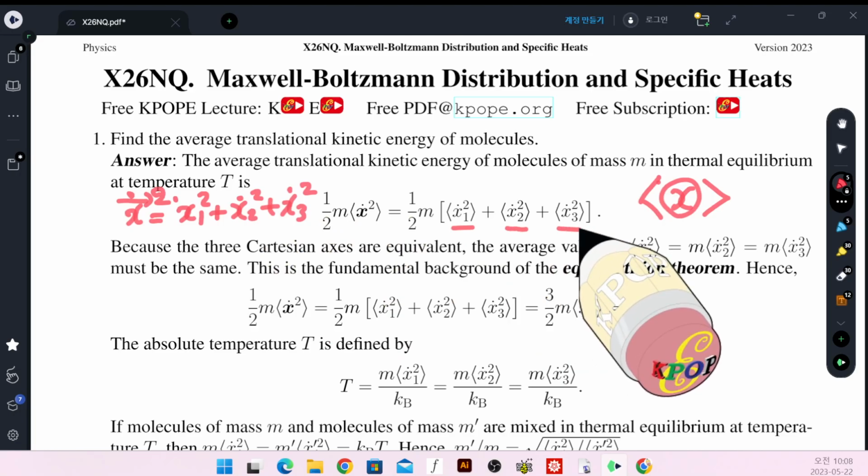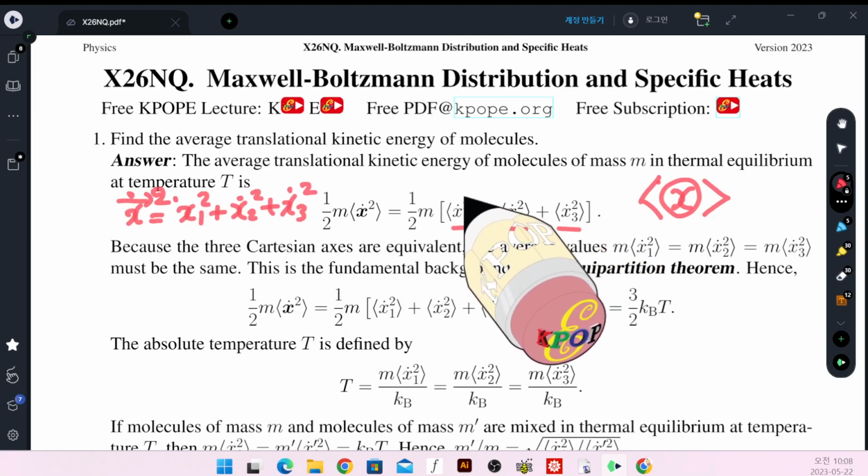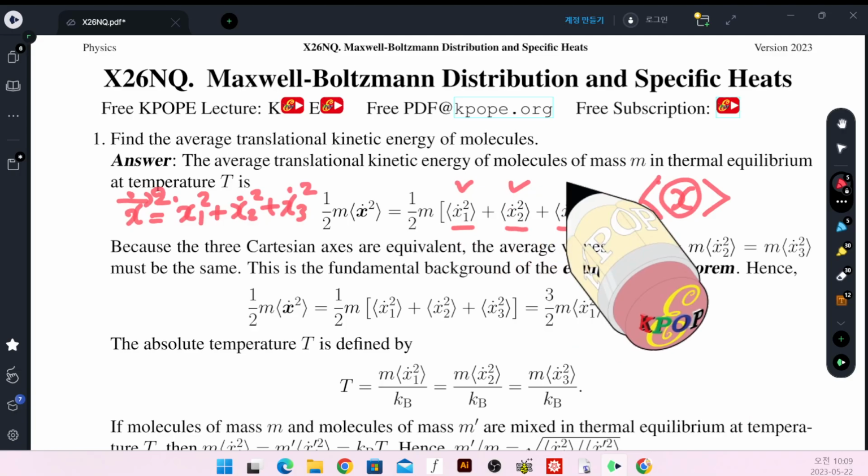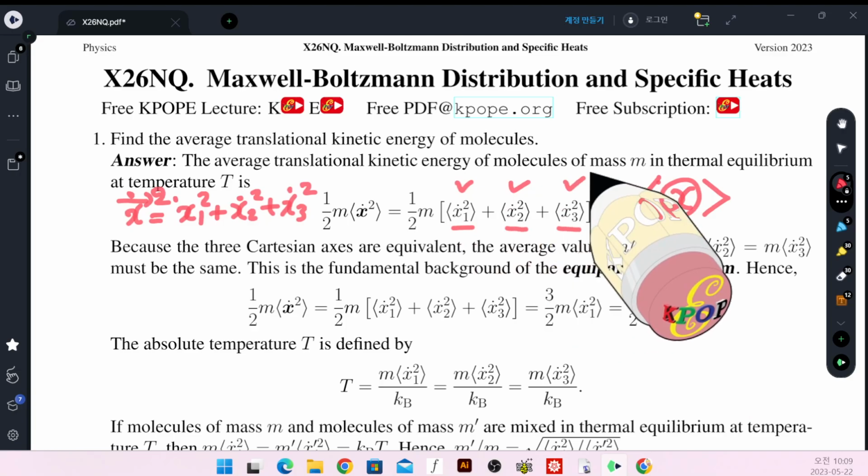We assume that Euclidean space is isotropic, and if we ignore the effect of gravity, there is no difference between any two axes among the three Cartesian coordinates. So these three average values must be the same.